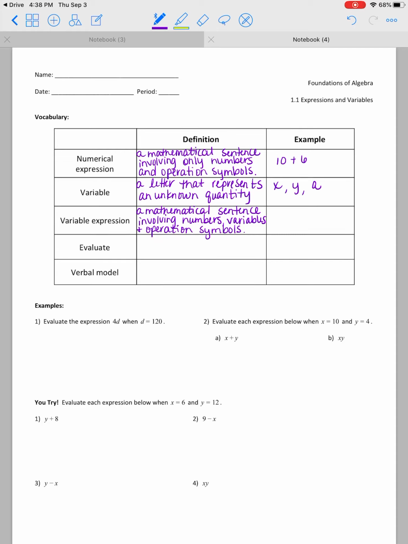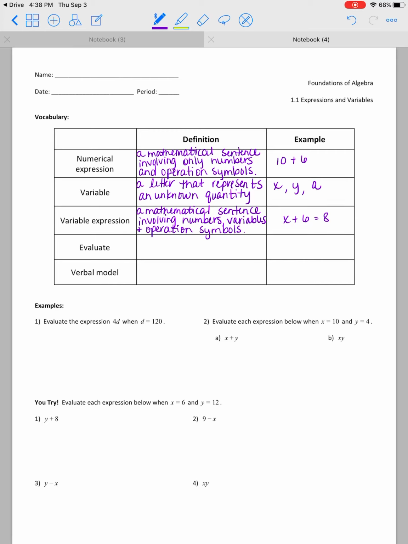So an example of a variable expression might be something like x plus 6 equals 8. And then in algebra, we'll be able to solve what does x have to be, what unknown quantity or unknown number.